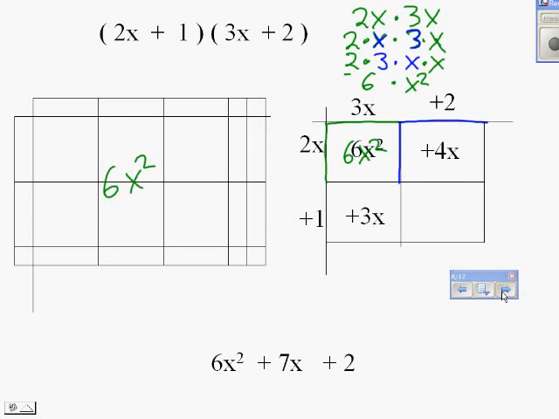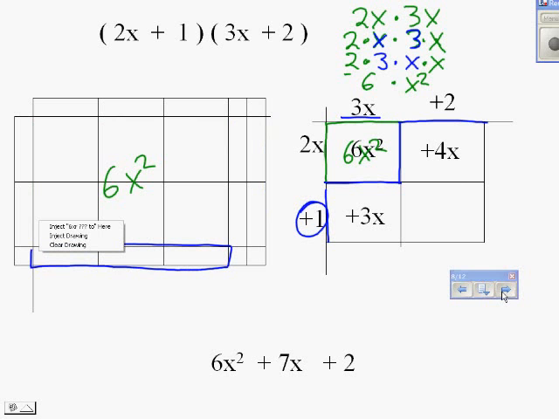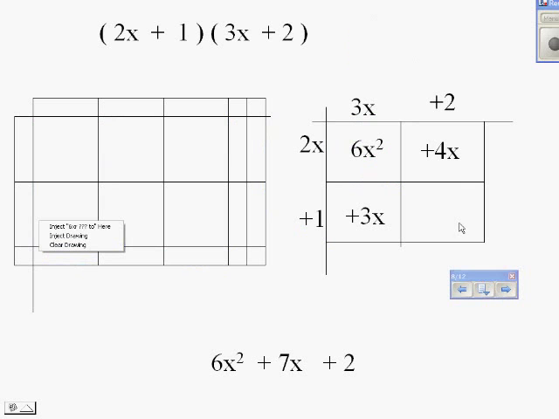That gives us 3x. I'm going to get that label from the side. This distance, we have to look up at the top, 3x, and we multiply. 1 by 3x is 3x. And last, we have 1 by 2, which is 2.